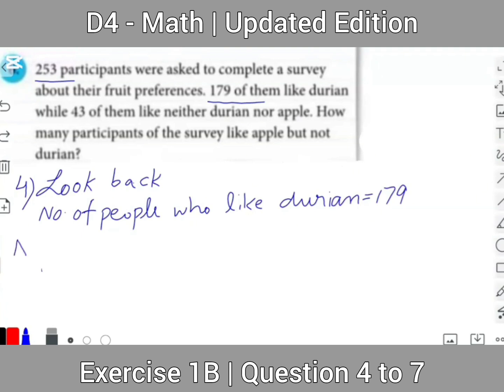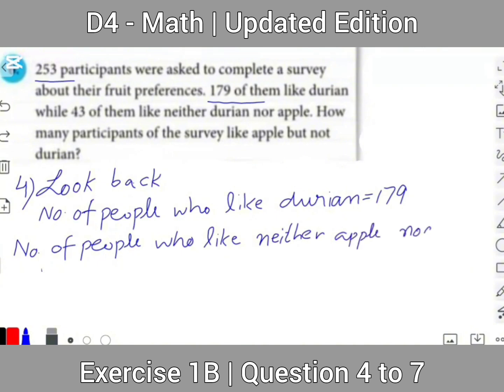The number of people who like neither apple nor durian is equal to 43.